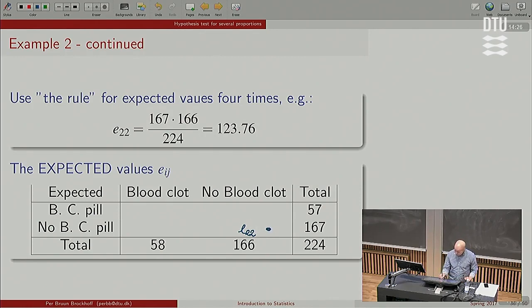So I take this row total, this column total, and divide by the total. That's what I've done up here. And then I do this 4 times. Or I start subtracting and checking. There are some restrictions. But anyway, we could apply this 4 times.